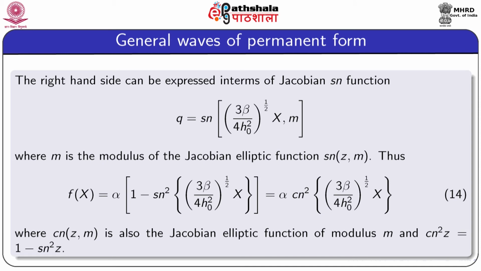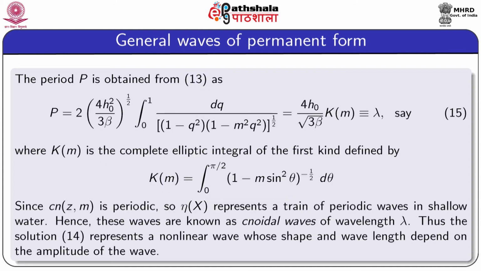It is to be noted that this Cn function is a periodic function. Since Cn is periodic, f(x) becomes periodic. Therefore, the solution of the KdV equation becomes periodic and the period P can be obtained from equation 13.